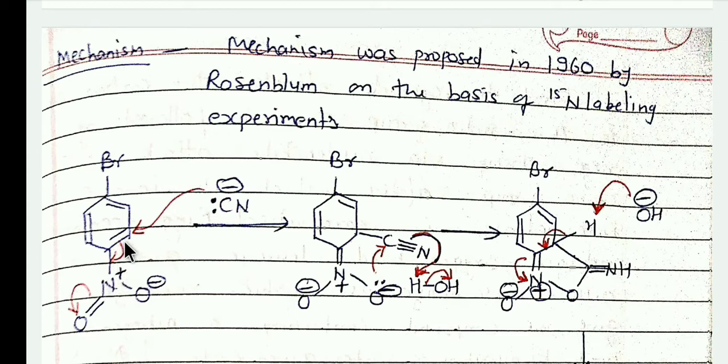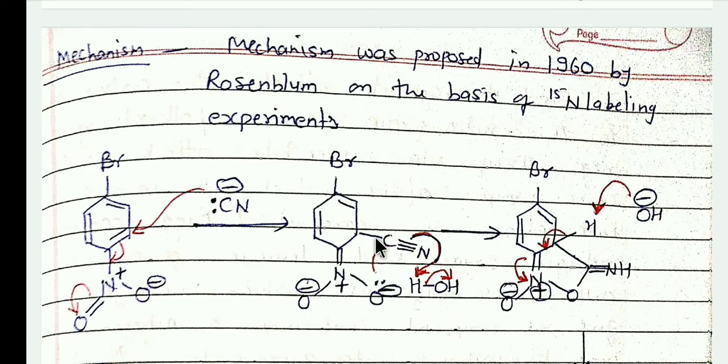The ring electrons come to this carbon atom and a bond forms between this carbon and nitrogen, and this carbon atom becomes positively charged. The CN minus nucleophile attacks this positively charged carbon atom and adds to it, and we get another molecule of this type.